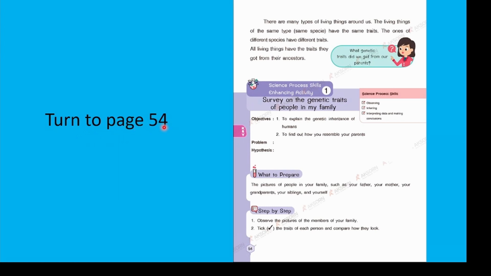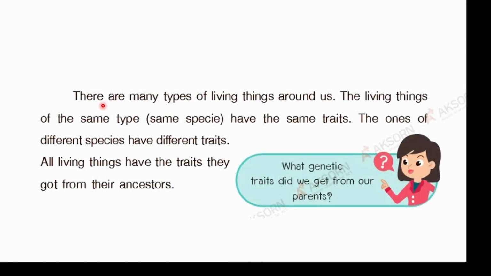Turn to page 54. We will only look at this top section. We won't be doing any of this. There are many types of living things around us. The living things of the same type, same species, this is spelt wrong.